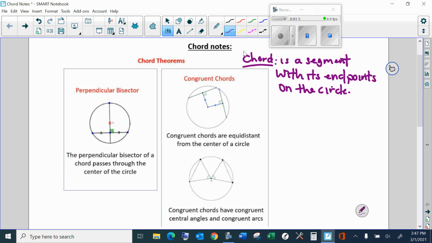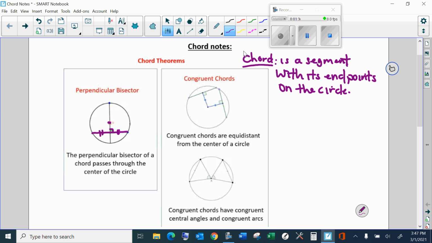All right. So now, what can we say about chords? Obviously, that's the center of the circle there, so this long chord is the diameter. The perpendicular bisector of a chord. So here's the chord itself. Bisector, perpendicular.